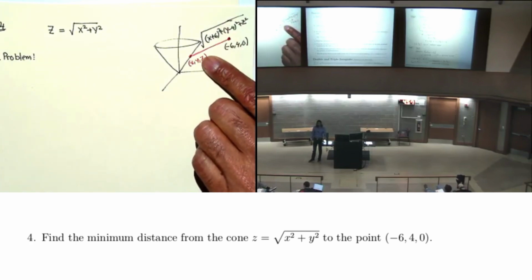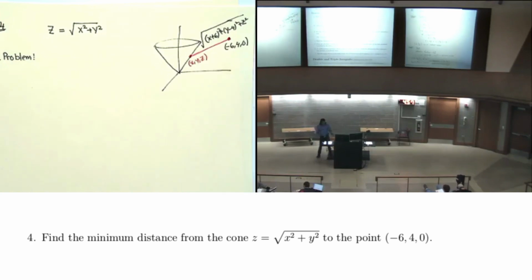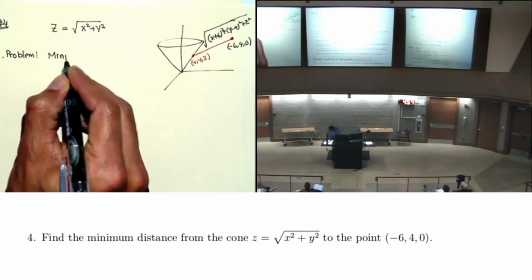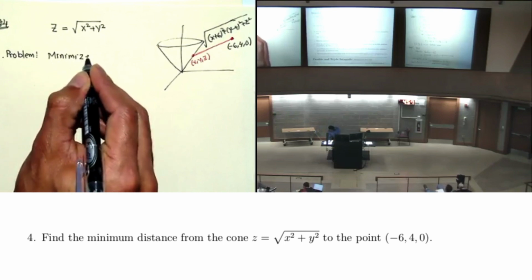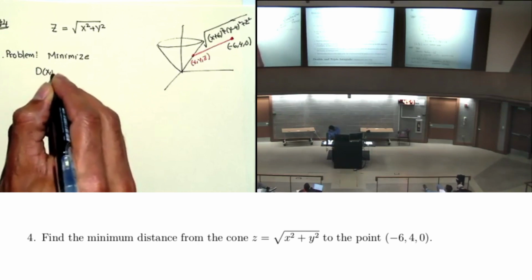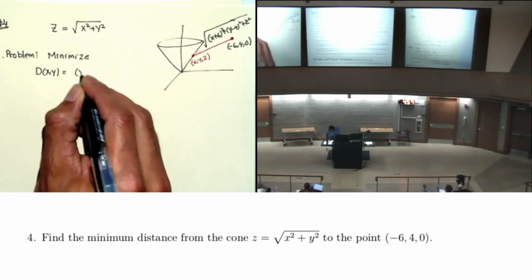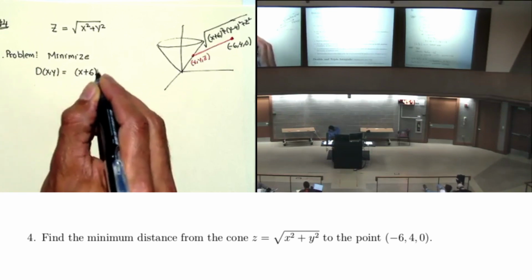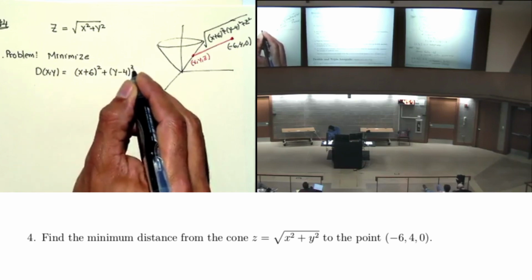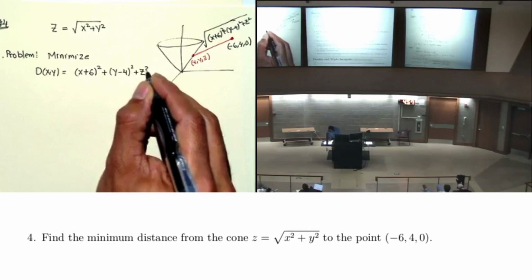So I will minimize this function. I'm going to denote it by d(x, y, z) = (x + 6)^2 + (y - 4)^2 + z^2.